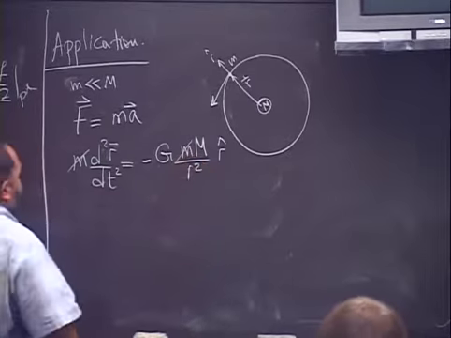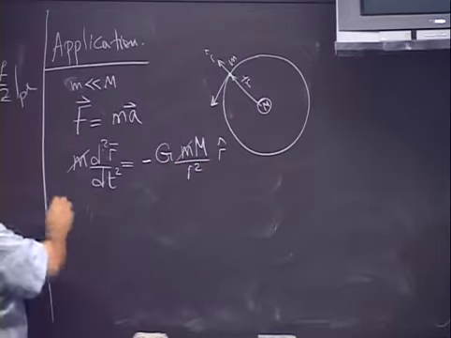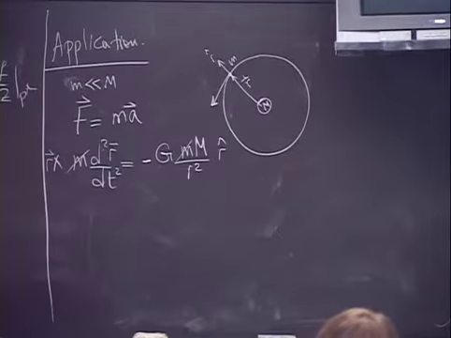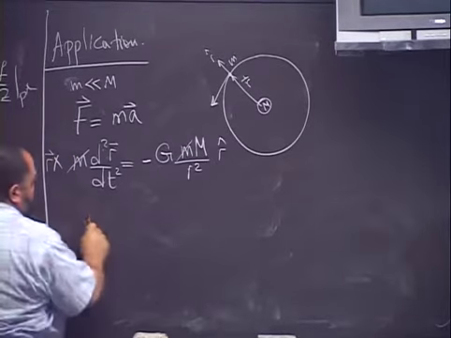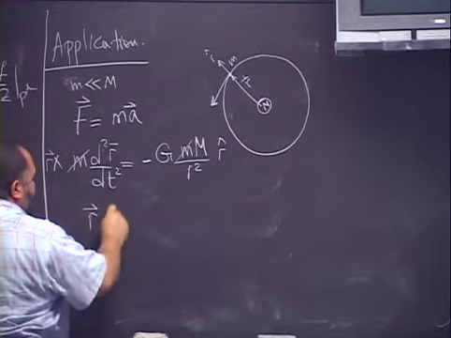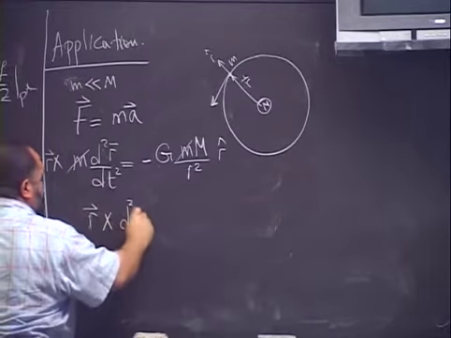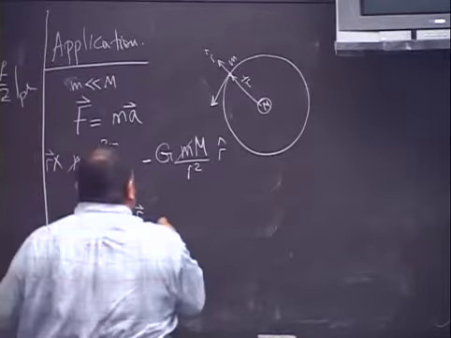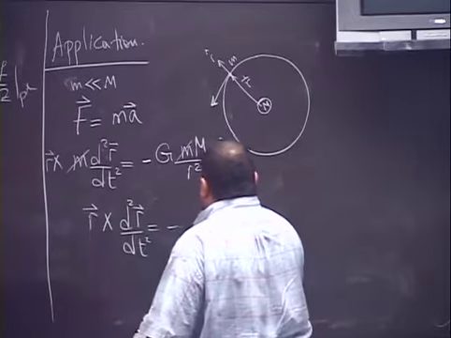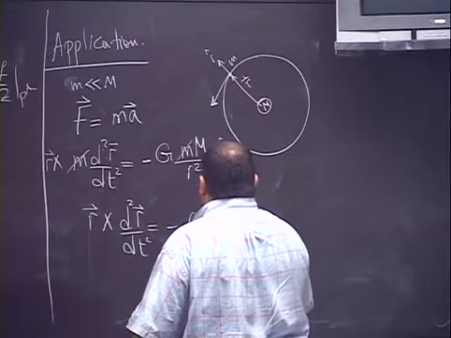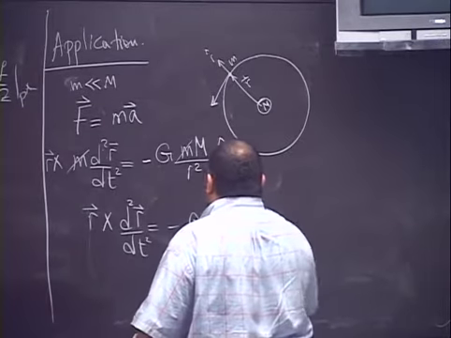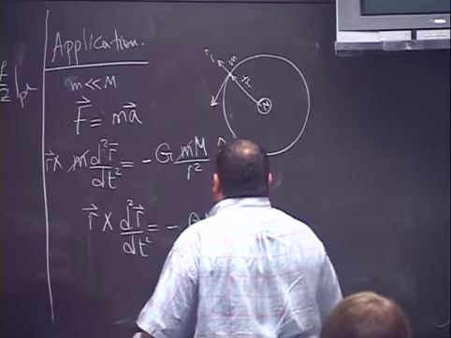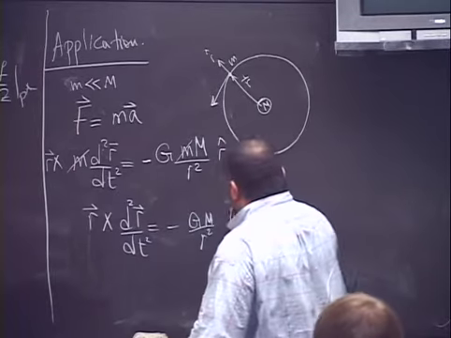If I take the cross product of vector r with this equation, I can write this equation as what? R cross d2r by dt squared equal to negative GM divided by r squared, and this will be r cross r hat.